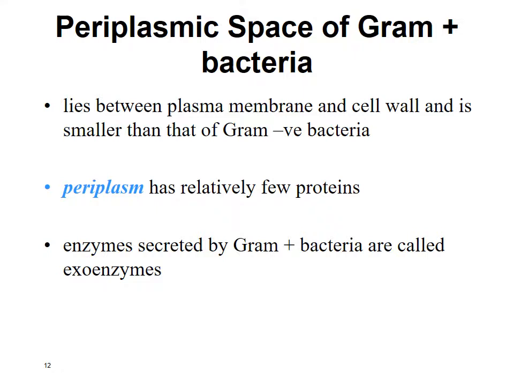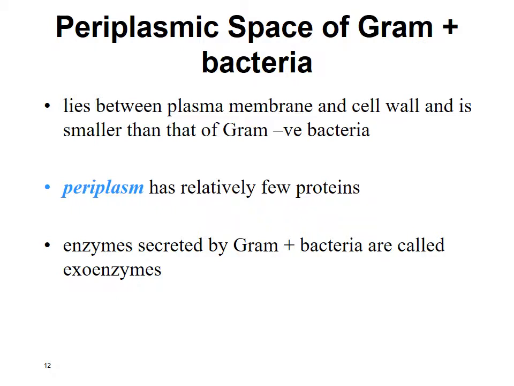The periplasmic space of gram-positive bacteria lies between the plasma membrane and the cell wall and is generally much smaller than that found within gram-negative bacteria. Gram-positive bacteria often appear to lack a periplasmic space, and the fluid within this space, called the periplasm, seems to have relatively few proteins within it, probably because the peptidoglycan is quite porous, so any proteins secreted by the cell usually just pass straight through it.